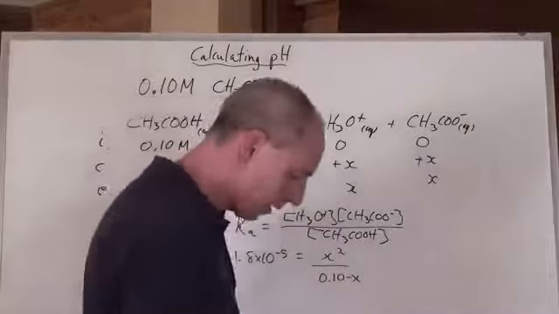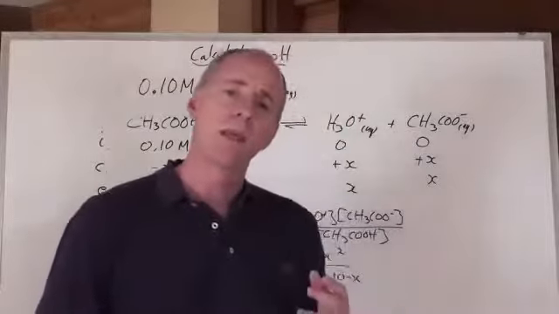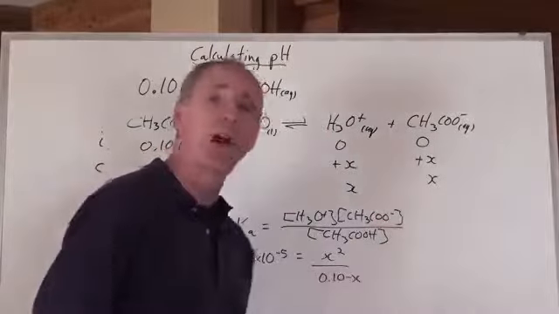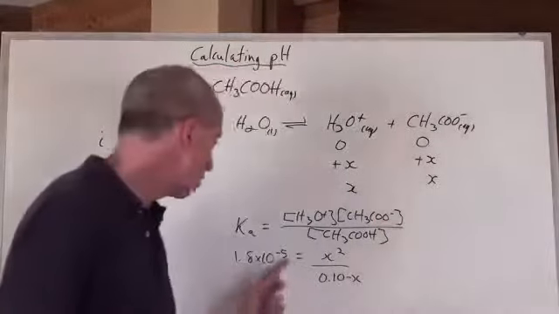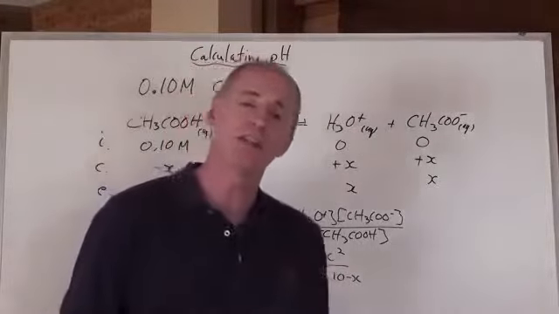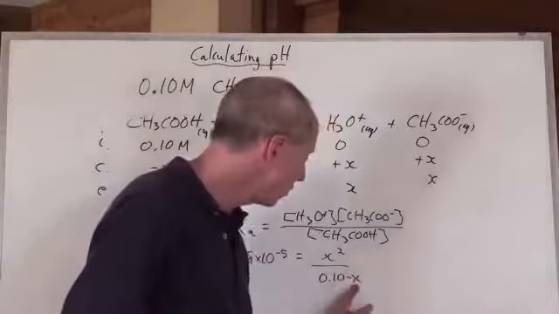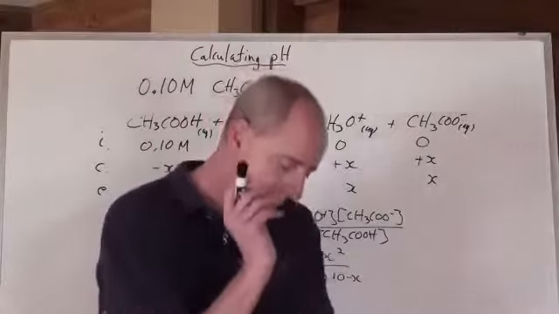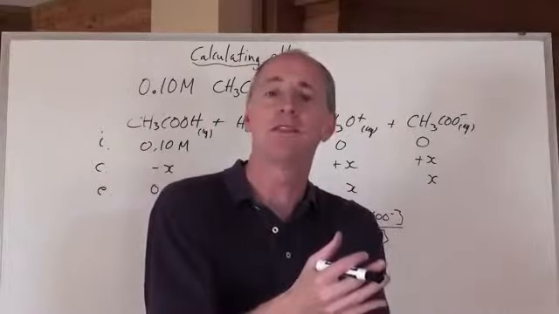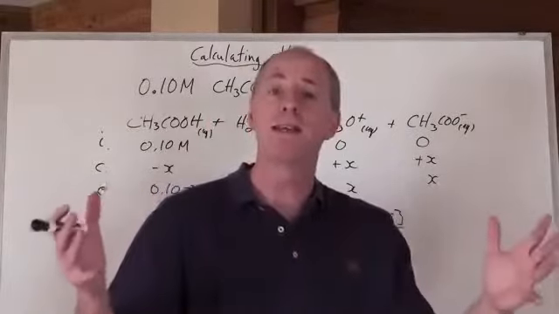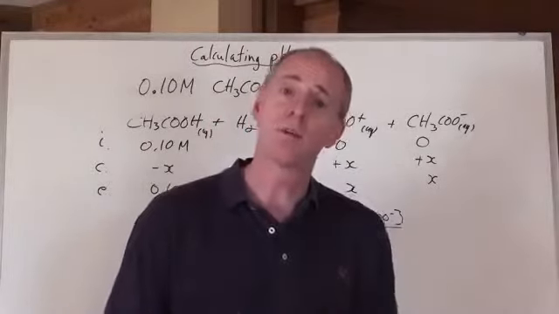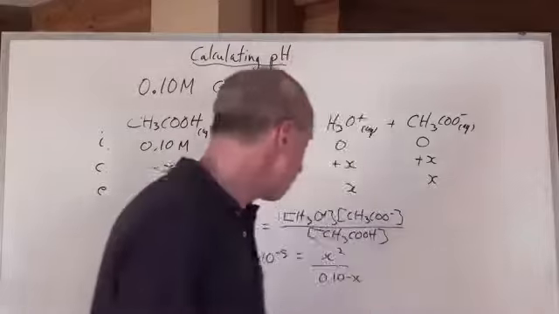Now, how do we know if X is disregardable or not? Well, remember, we take the initial concentration of the chemical, 0.1, divided by the K value. If you get a number that's greater than or equal to 1,000, you can disregard that value for X. In our province, we have questions on our major diploma exams at the end of the course, where students write an exam that's worth 50% of their mark overall in the course.